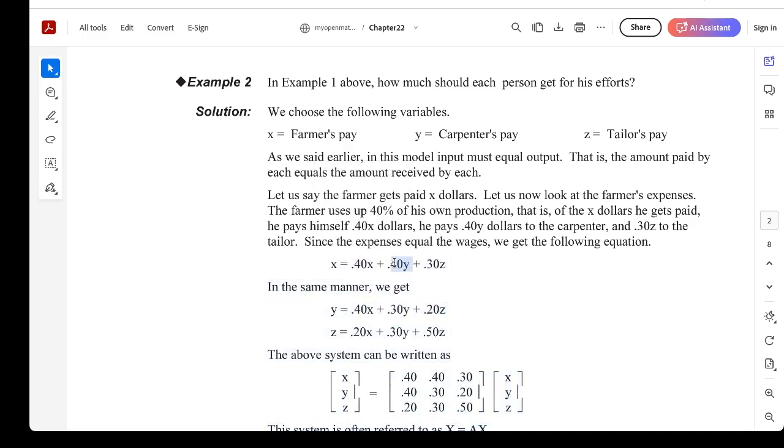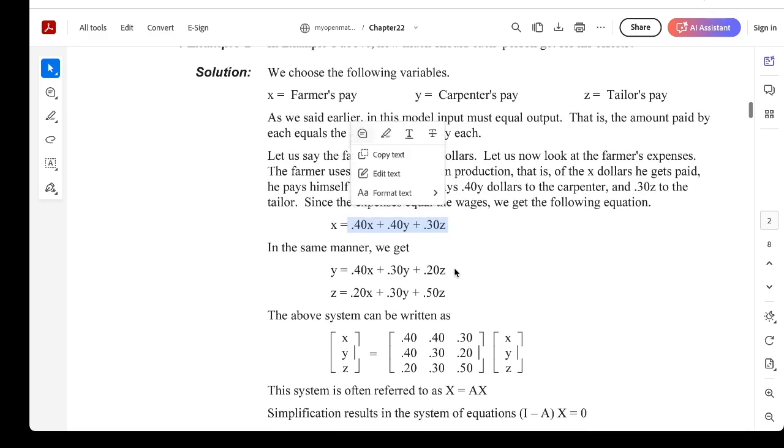Also, 40% of whatever the carpenter is producing is going to be consumed by the farmer. And finally, 30% of the clothing produced by the tailor is going to be consumed by the farmer. So this is called a linear combination: 0.4 times x plus 0.4 times y plus 0.3 times z. Those things total to whatever x is.